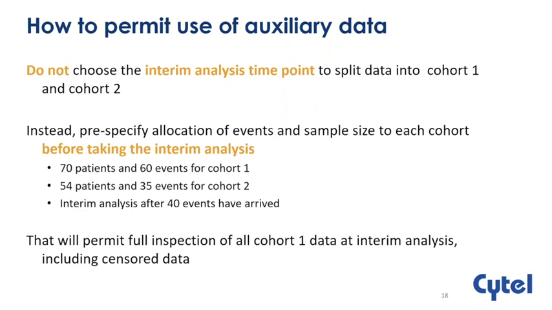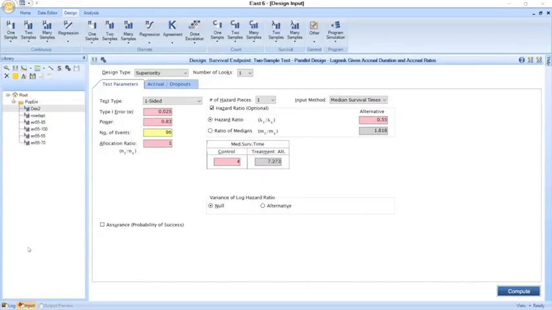So in our case, let's see in EAST what is expected out of this, how we can actually deal with the situation. Initially, I want to get an idea about the number of events that are required in the case where the hazard ratio is expected to be in the area of 0.55.